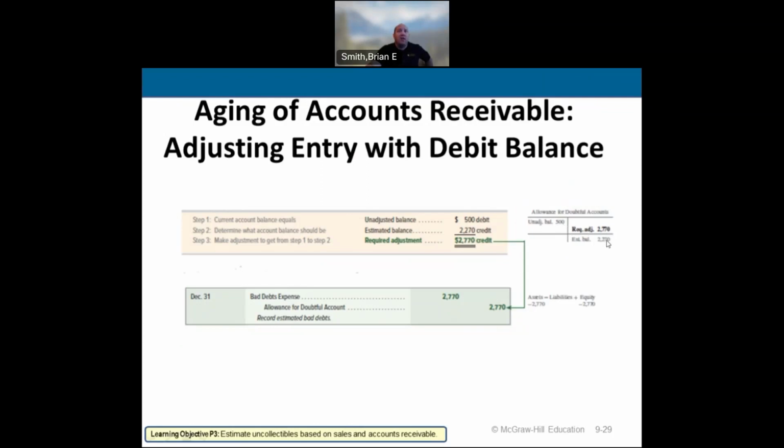So we're going to add the ending balance we need to the debit balance we had to get our required adjustment. So on a debit balance of 500, we're going to need to make an adjusting entry of $2,770 to our allowance account as a credit to get us to the credit balance of 2,270.